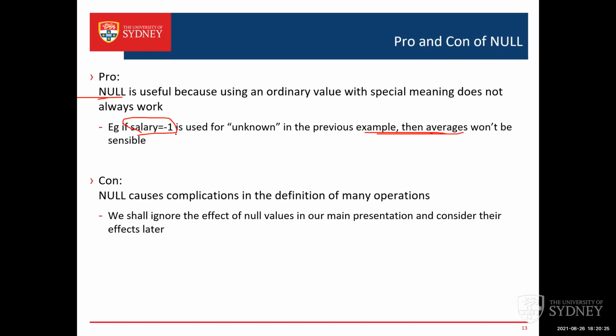Because -1 is a valid integer value, your average might be wrong. But if we have null there, we can skip that, right? We should not include this row in the calculation because it has a null. Next week, we will, probably not next week, week 5, we are going to learn how to handle null.